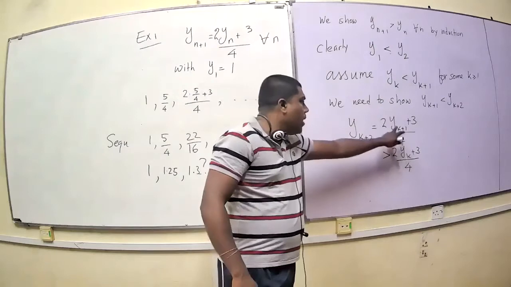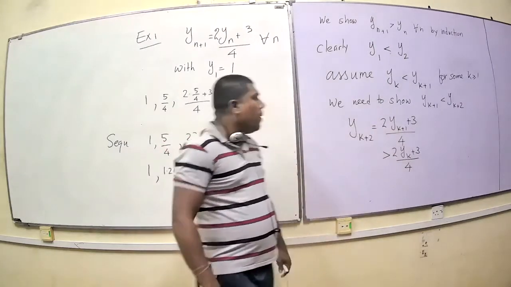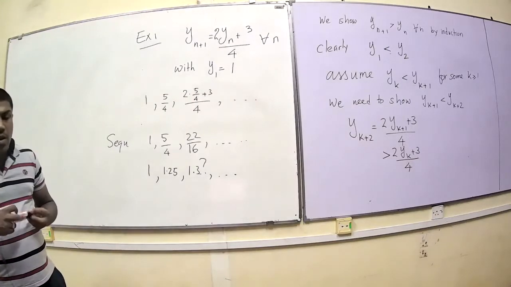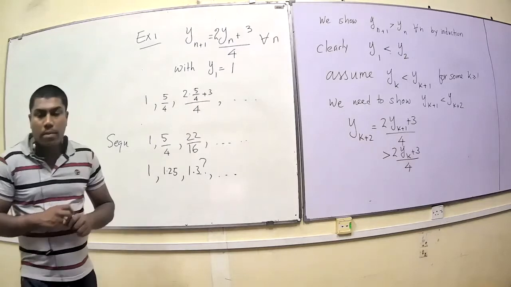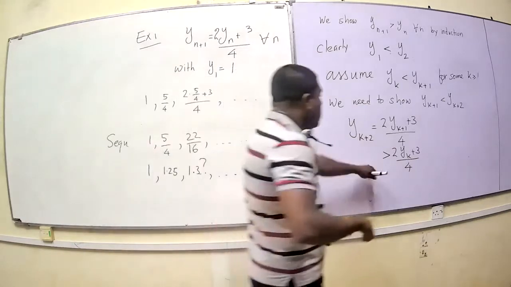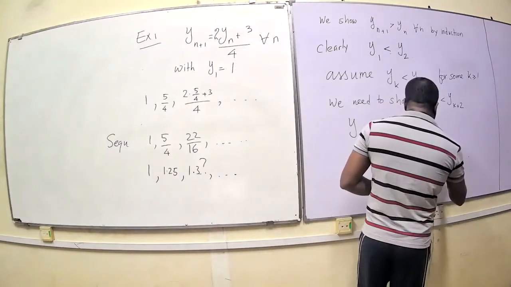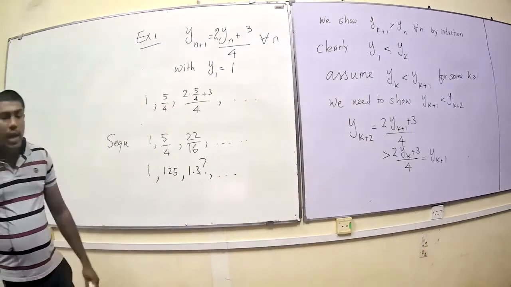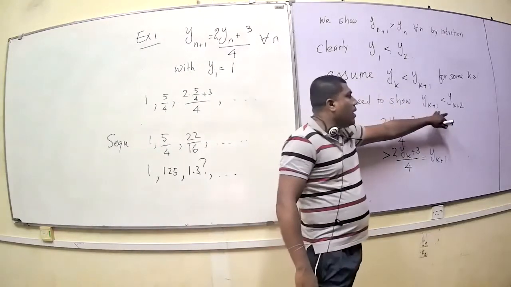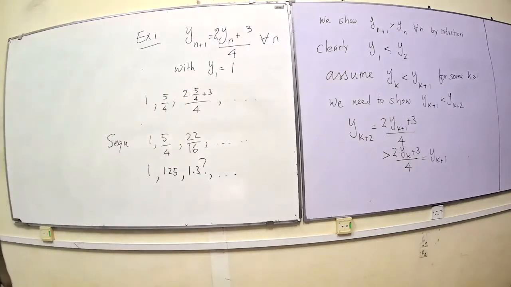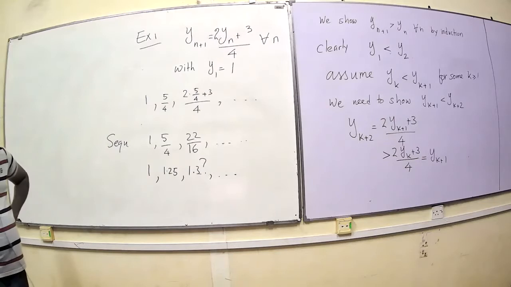Because you know yk is smaller than yk plus 1, so 2 times yk plus 1 is larger than 2 times yk. So obviously 2 times yk plus 3 over 4 is smaller than 2 times yk plus 1 plus 3 over 4. But according to this formula, this one is yk plus 1. So by induction, you can claim that this sequence is monotonically increasing, because y1 is less than y2, and if yk is less than yk plus 1, then yk plus 1 is less than yk plus 2.